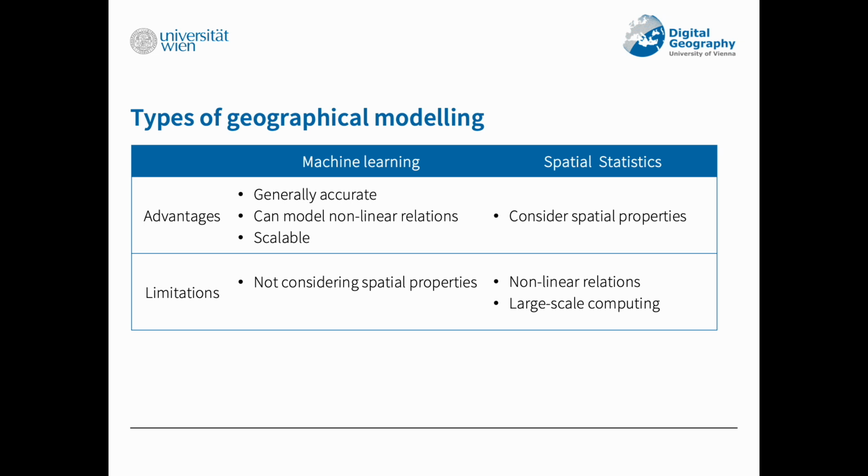Spatial statistics do consider the spatial properties of the data, but they cannot detect nonlinear relationships and there are issues with large-scale computing. On the other hand, machine learning techniques are scalable, can model nonlinear relationships, and overall give good accuracy and predictive performance results. However, they do not consider the spatial properties of the data.